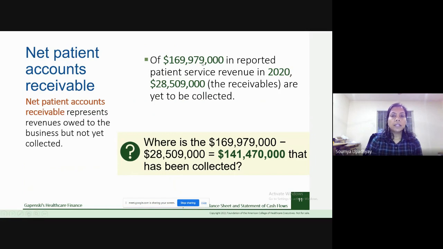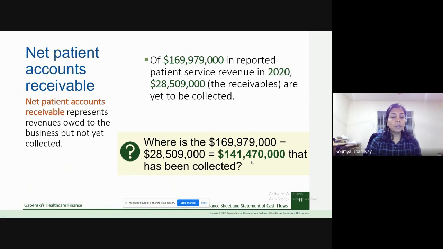So the $169 million that was reported in patient service revenue, all of this was not collected. $28 million are still outstanding. They still have to be received. So the $141 million have been collected.